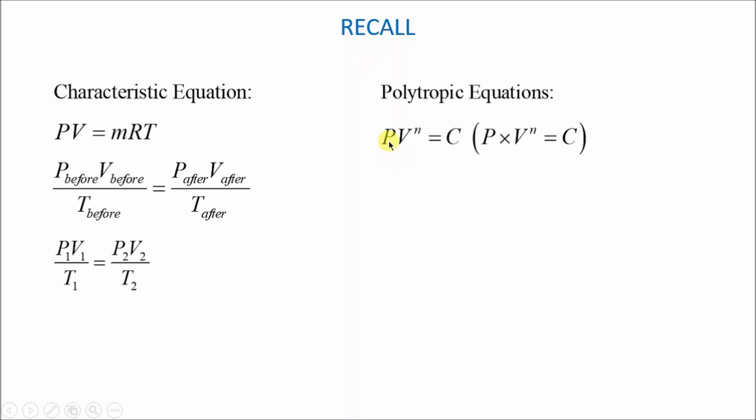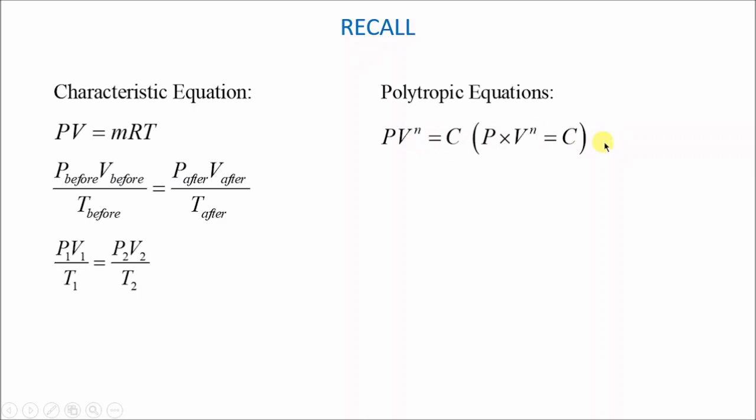It's not the product PV that is raised to the power of N, but rather it's P multiplied by V, and it's only V that is being raised to the power of N, and that must be equal to C. N that you see here is called the polytropic index. So if you have a certain process, could be compression or maybe an expansion process, and you are told that the expansion is polytropic, it means that it obeys this law. And the N, again, I repeat, is called the polytropic index.